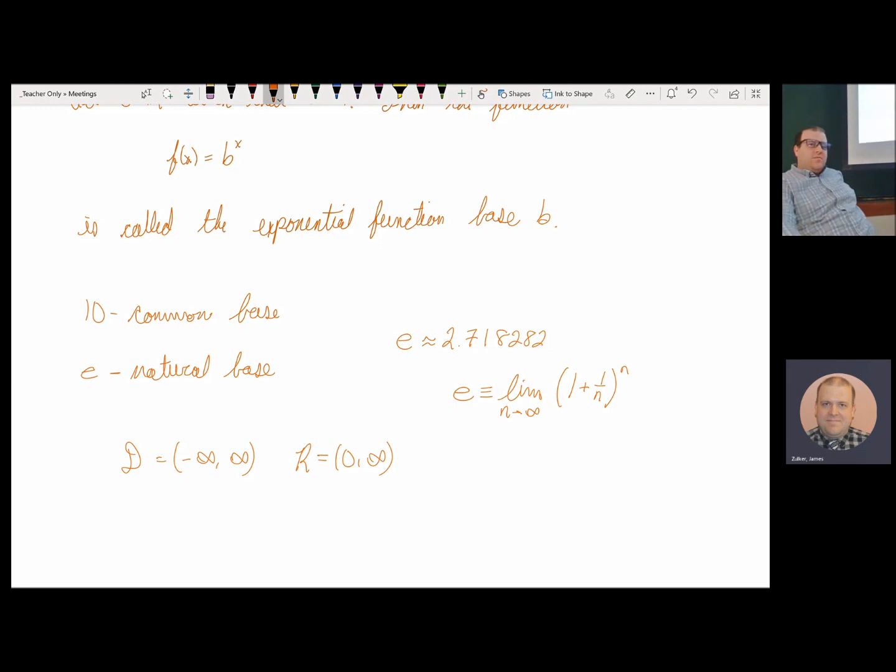For b to the x. For every exponential base, the domain is always all real numbers and the range is always all positive real numbers. Again, remember, b has to be a positive real number. Otherwise, it's no longer considered to be an exponential function.